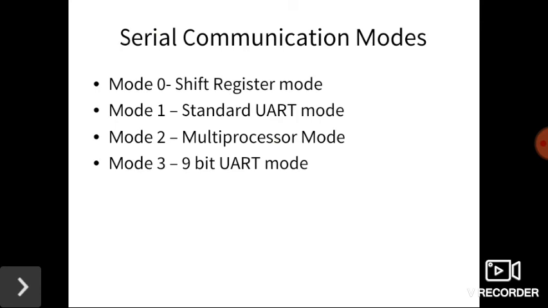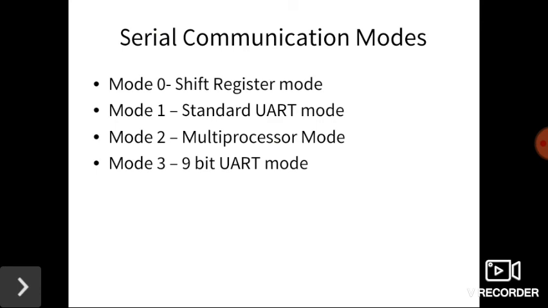In this mode, 10 bits are transmitted through the transmit pin or received through the receive pin. These 10 bits consist of one start bit 0, 8 data bits, LSB first, and the stop bit. The transmit interrupt flag TI is set once after sending 10 bits.